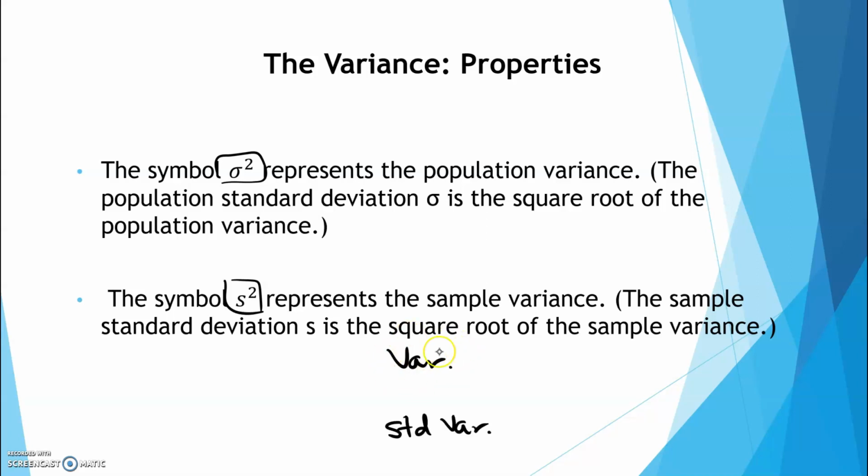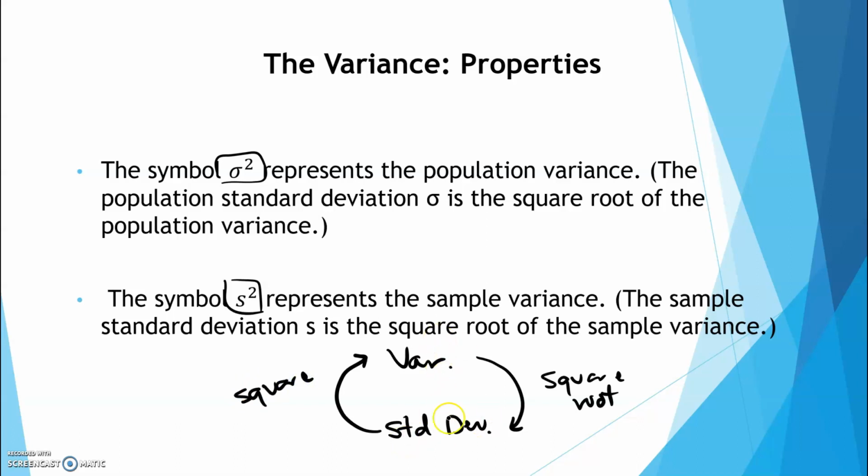Okay, so if I have variance and I'm trying to get to standard deviation, by the way, that's not STD, that's a whole different class, this is standard deviation, that should be deviation right there. To go from one to the other, I would have to square root that number. And if I had standard deviation and I was trying to get back to variance, what I would have to do is square the number that I have.